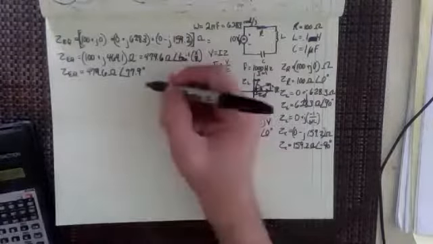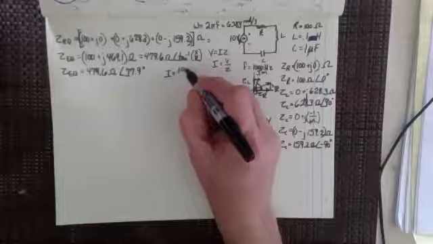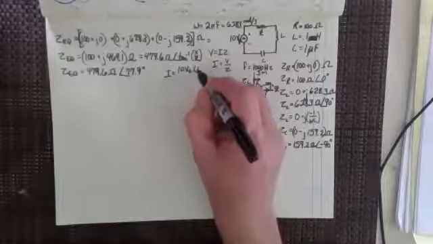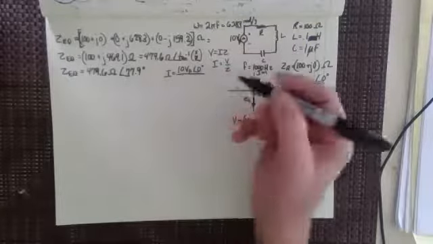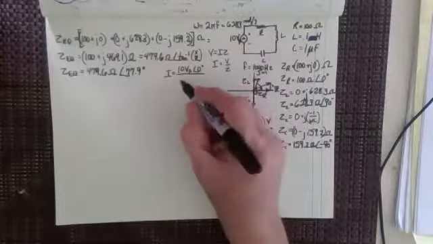So that's what our impedance is. And of course, we want to jump right from that because we know what our voltage is in complex phasor form. So we can figure out what our current is going to be. Because our current is the voltage, 10 volts peak at an angle of 0 degrees, divided by the impedance, right? And the impedance is 479.6 ohms at 77.9 degrees.